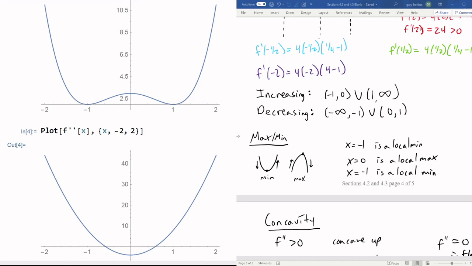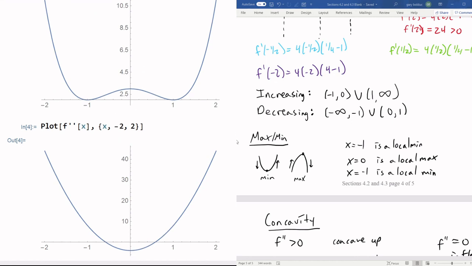Okay, now, what needs to be happening here? An inflection point, remember, was when the second derivative was 0. Boom, boom. So there are definitely these inflection points in here. I'm concave down in between. I'm concave up here, concave up here.